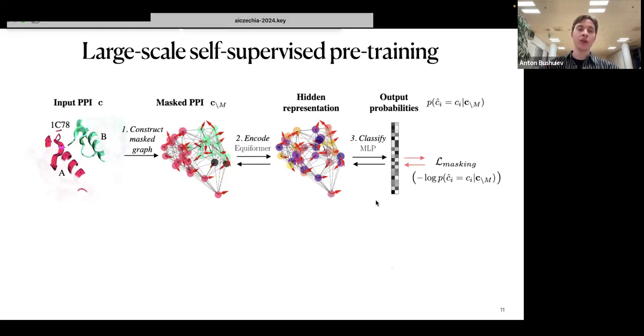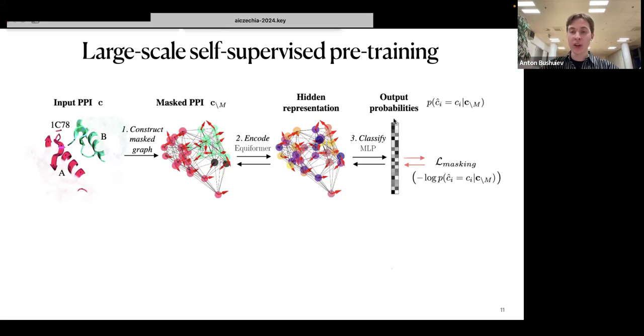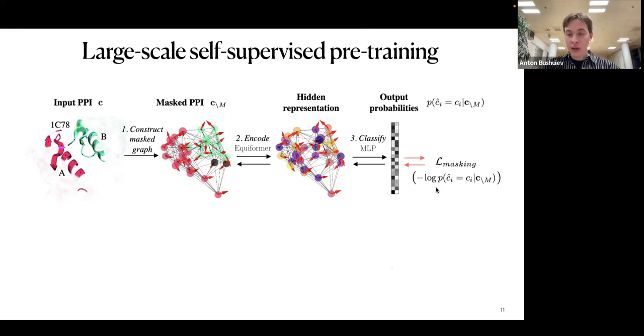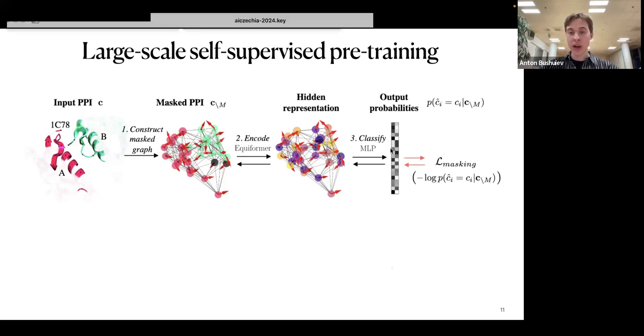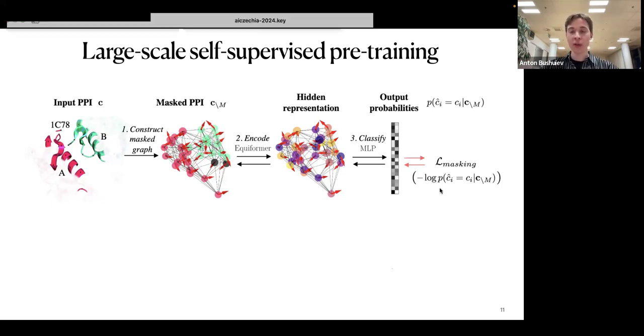And each of these vectors is of length 20, which corresponds to a categorical probability distribution over 20 possible amino acid kinds. And then what we want to do, during training, is to maximize the likelihood of the native amino acids. So here, one of these probabilities corresponds to the amino acid which is indeed here in the structure, and the same for the second vector.